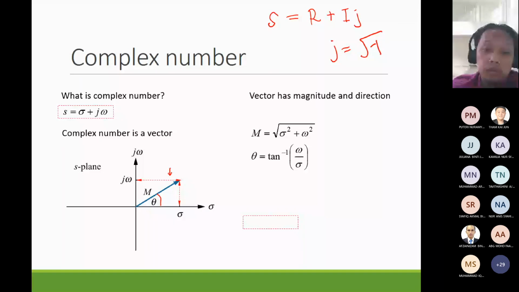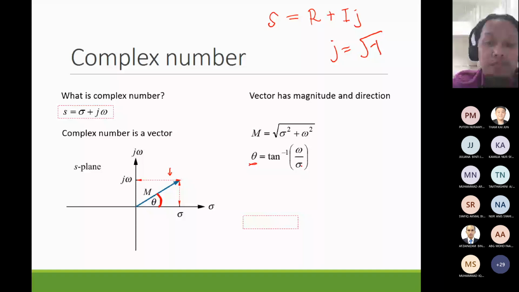To determine M, you just find the square root of sigma squared plus omega squared. To determine theta, you need to determine the angle based on how you look at the angle. In this case, theta is measured here. So it's simply tangent inverse of omega over sigma.